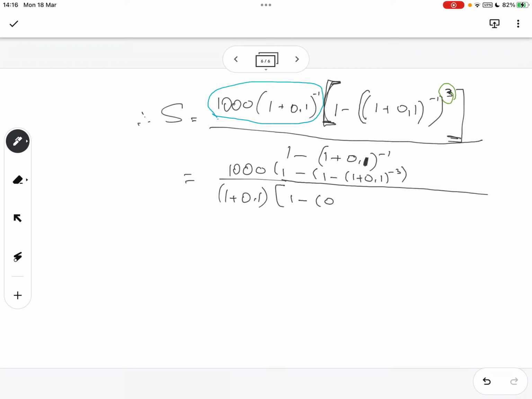1 minus 1.1. All right. So they took that one and made it a denominator. And then okay, something is extra here.